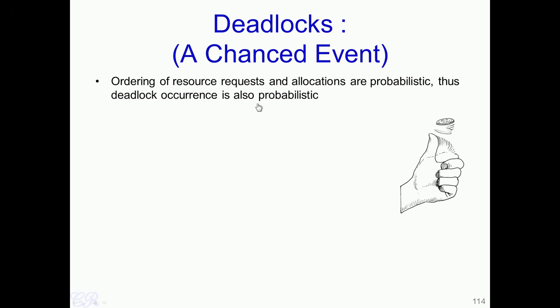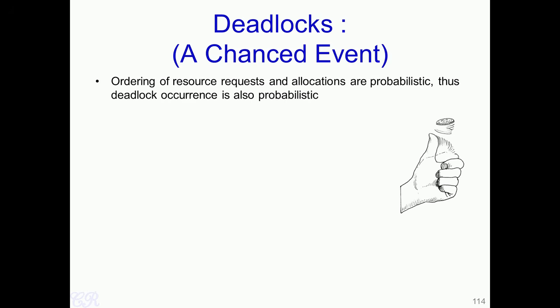So, only if a certain order of these requests and allocations happens will a deadlock occur. A small variation in the requests and allocations may cause the deadlock to not occur. So, let us see some examples of this.